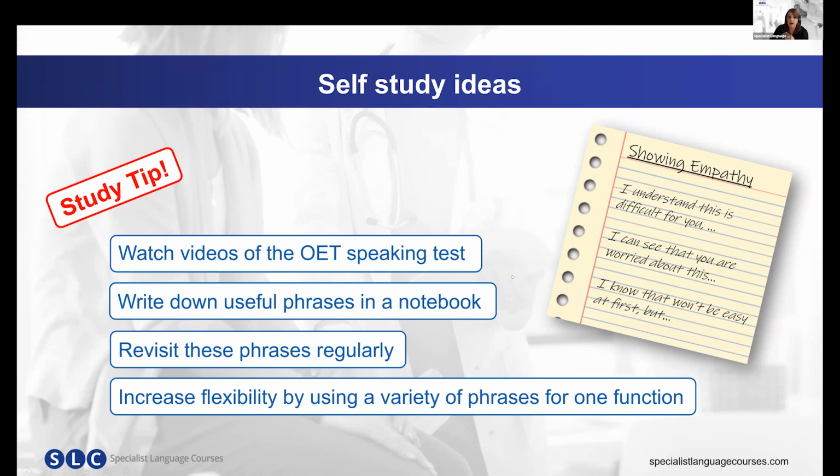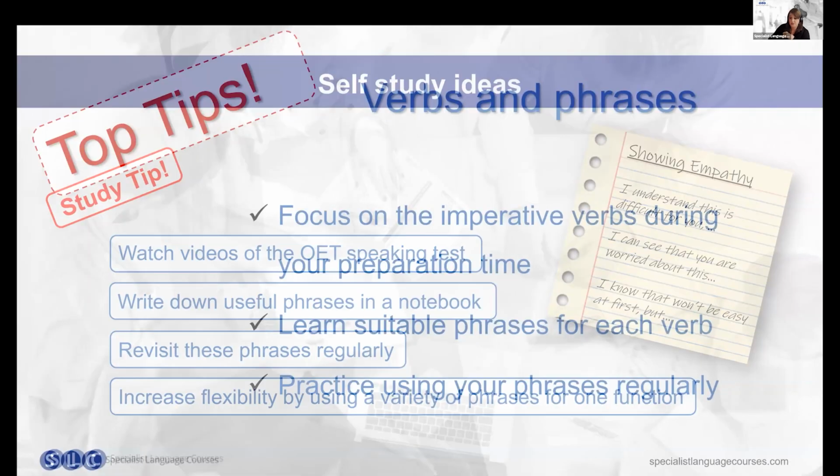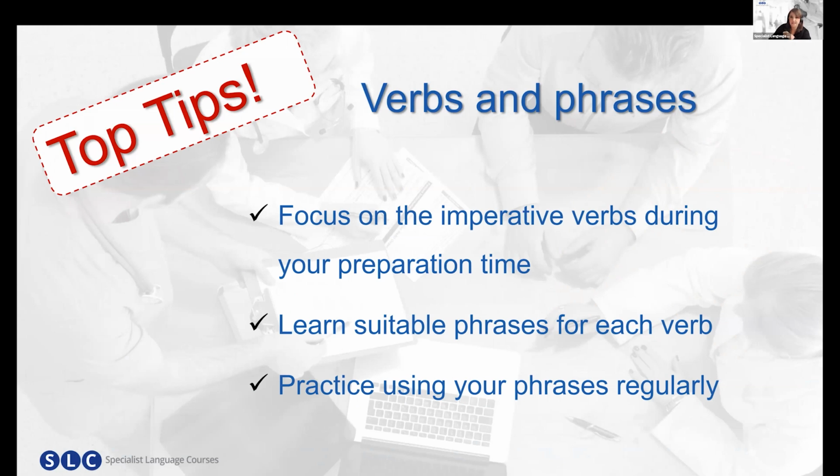So try to use a variety of phrases so that you can respond to patients as naturally as possible in your OET role play. So in terms of verbs and phrases, make sure that in your OET exam in the preparation time, you focus on the imperative verbs and make sure that you are aware of suitable phrases for each verb, and then practice using these verbs regularly so that you can use them naturally and fluently in your exam.